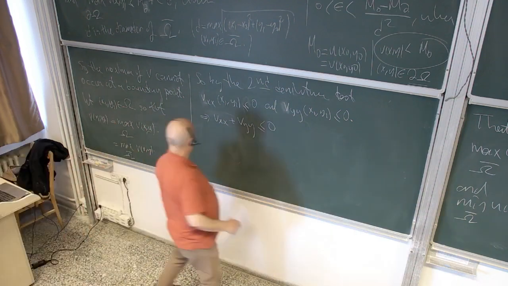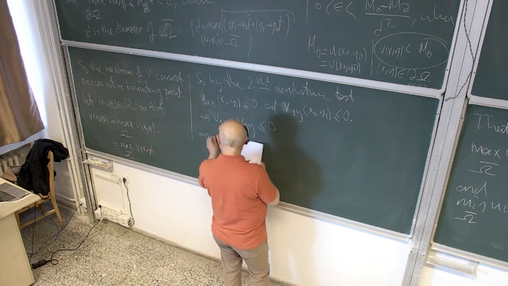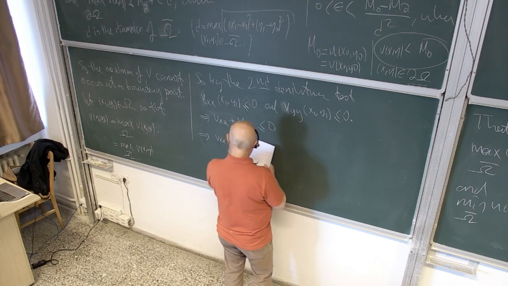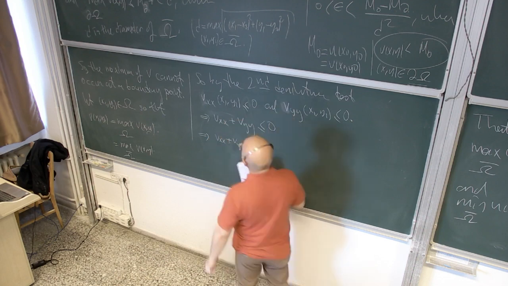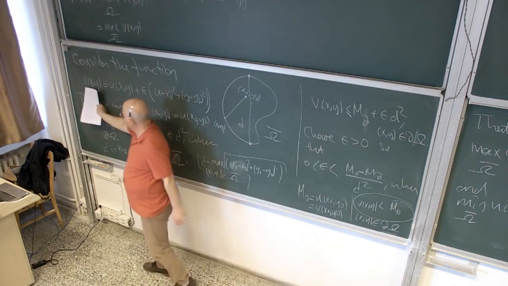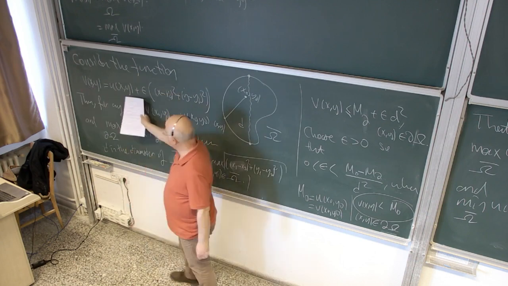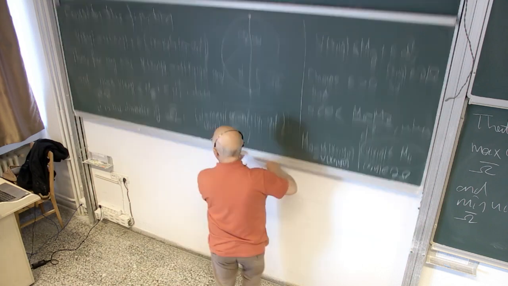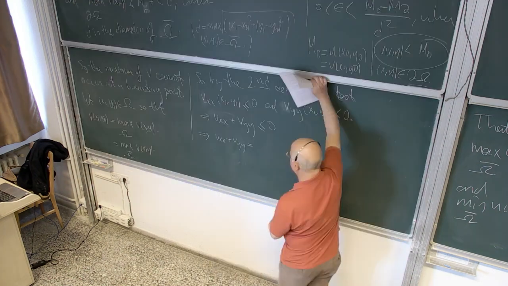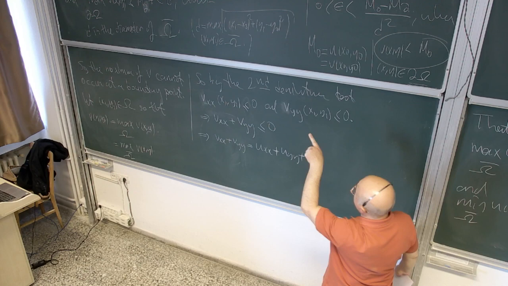Şunu da biliyoruz. O halde V sub xx plus V sub yy, which is just the second derivative of v with respect to x, is just the second derivative of u plus 2 times epsilon, and the same for the y derivative. So this is just u sub xx plus u sub yy plus birinden 2 epsilon, öbüründen de 2 epsilon gelecek.